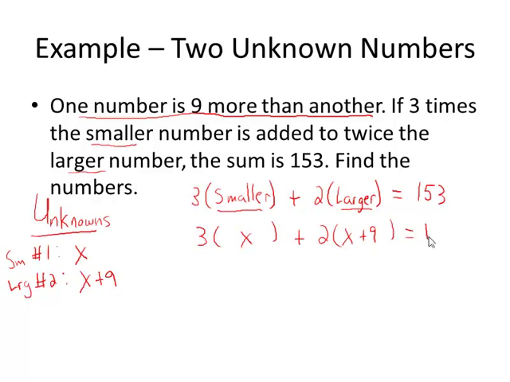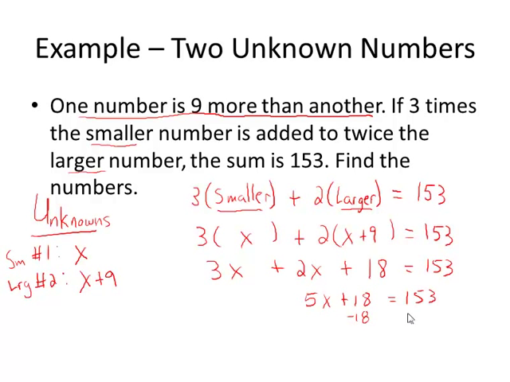And again, this is equal to 153. Now to solve, I'll begin by distributing the 2. So I get 3x plus 2x. 2 times 9 is 18. Combine like terms. 5x plus 18 equals 153.